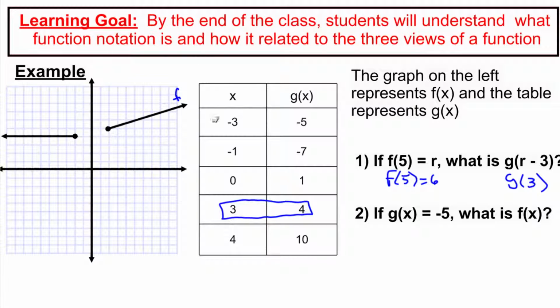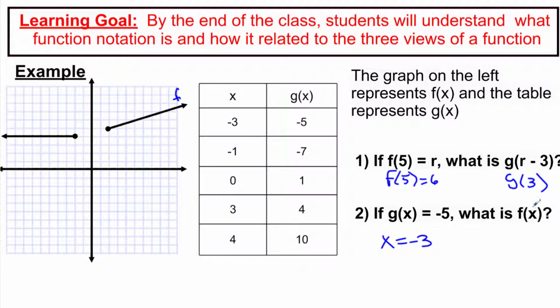All right, and they're saying g of x is negative 5. So I'm going to go to the g function, and remember, if the x was filled in, that's the input. This is the opposite. This is saying, I know the output from this function is negative 5. So I'm going to go here and say, okay, the output value is negative 5. That means that x has to be negative 3 in order to get a negative 5.